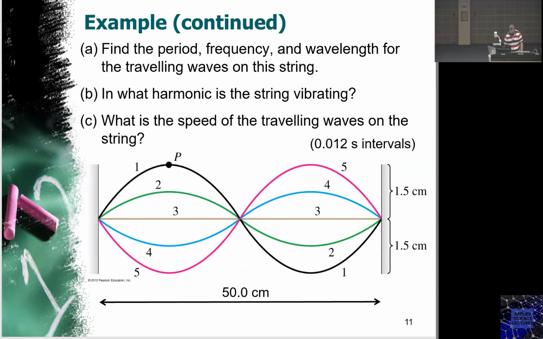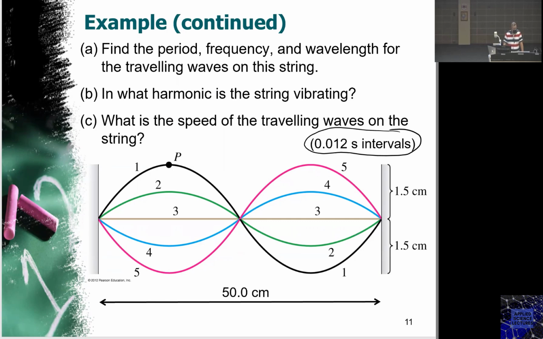What's given to me is the time interval, which is 0.012 seconds. The time between function 1 to function 2 is 0.012. The time between function 2 to function 3 is 0.012 seconds. The time interval is fixed, the same.